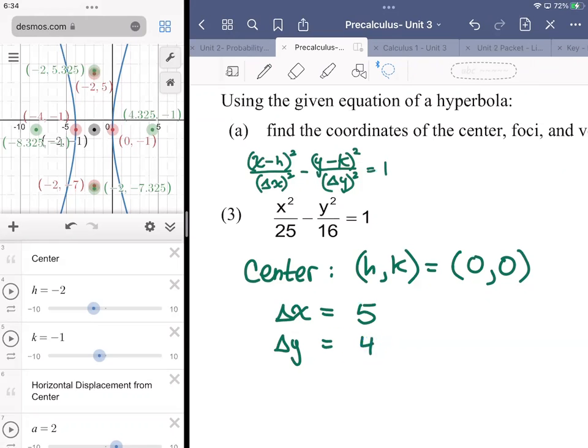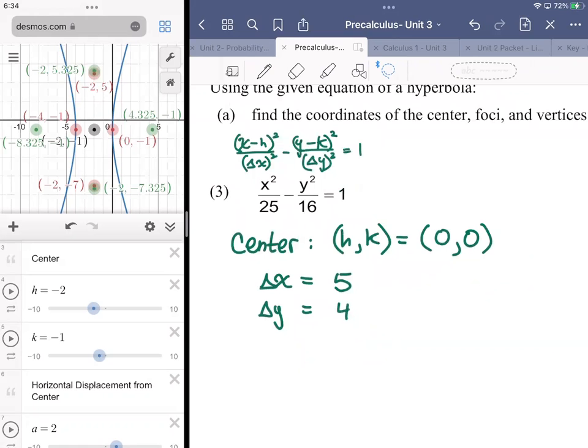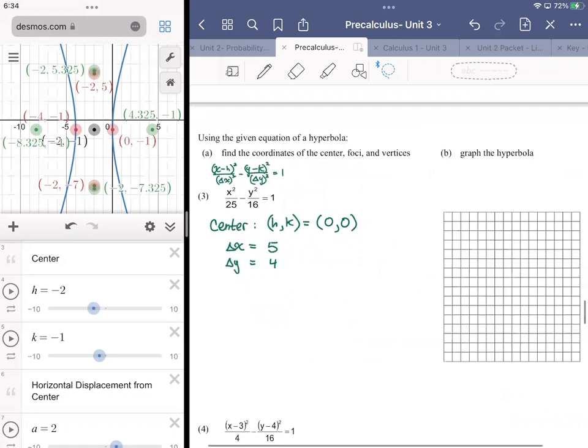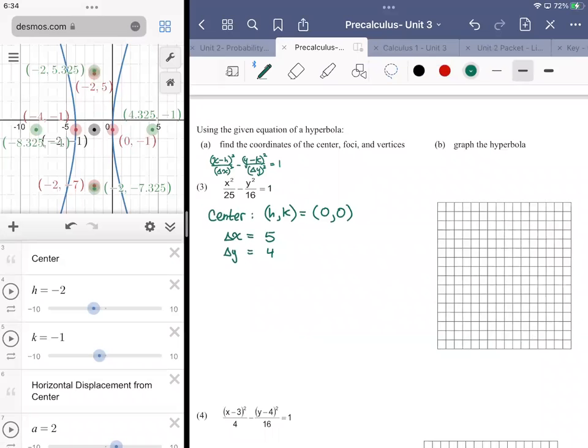So we have that information, which allows us to determine the vertices, right? When we're graphing a hyperbola by hand, since it's centered at (0, 0), I don't have to really worry about scaling too much. (0, 0) would put me right there.